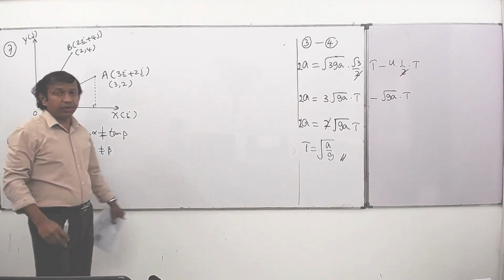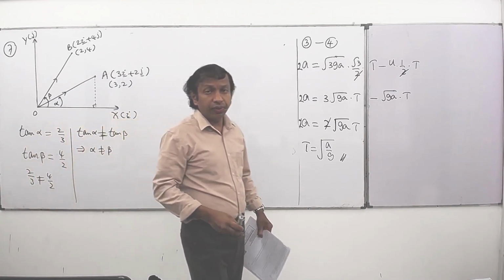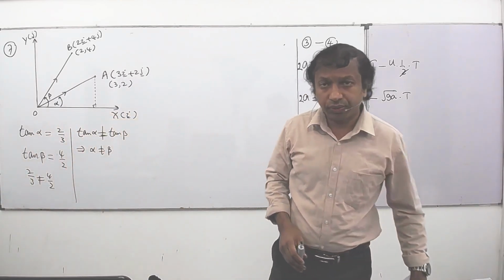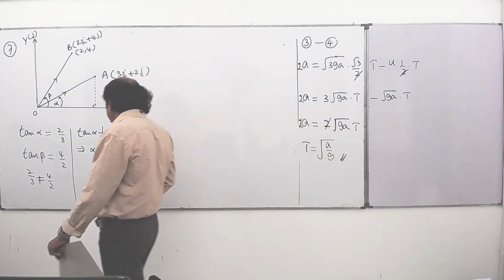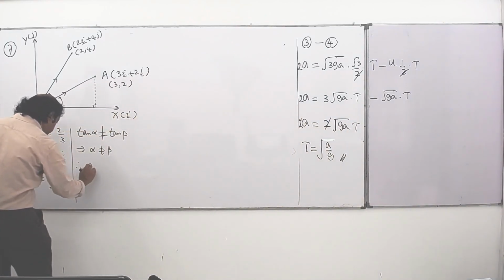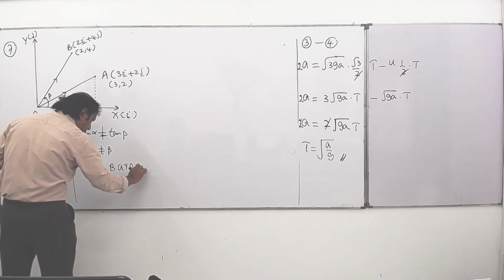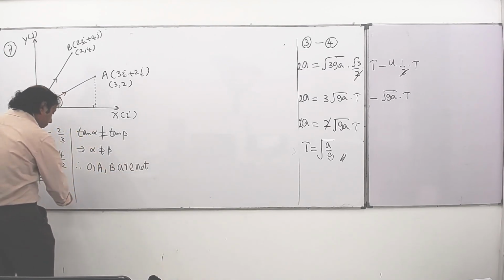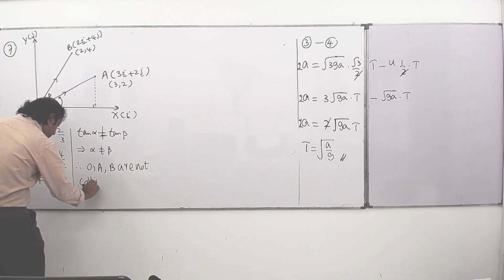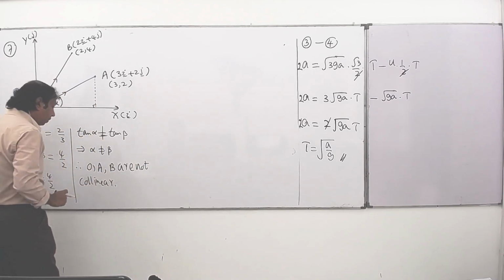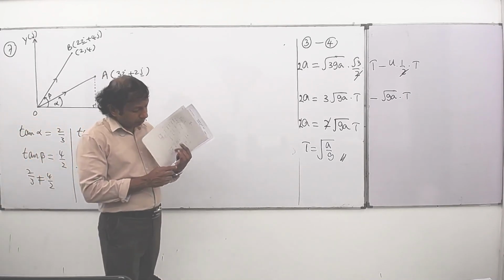But in this case, beta and alpha are not equal. Then the three points are not collinear. So therefore, O, A, B are not collinear. Right. Next part.